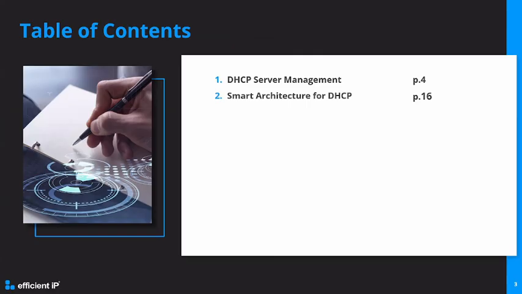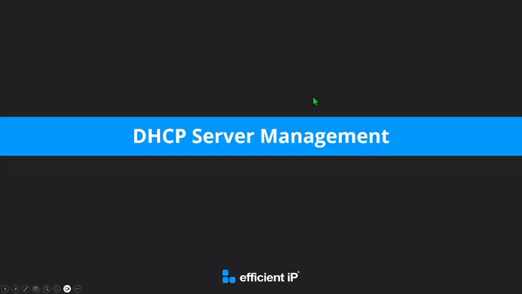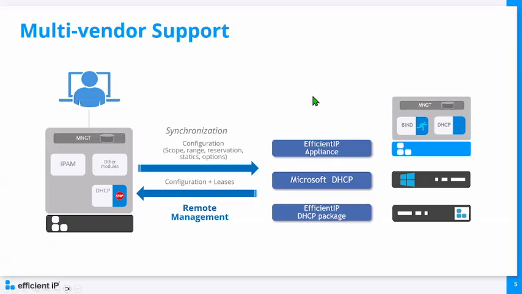Before you can manage the DHCP server from the management server, you need to enroll the DHCP server, and then you use a smart architecture to manage them. That is what we have learned in DNS. We're going to see that in DHCP also. No different. So, server management for DHCP.